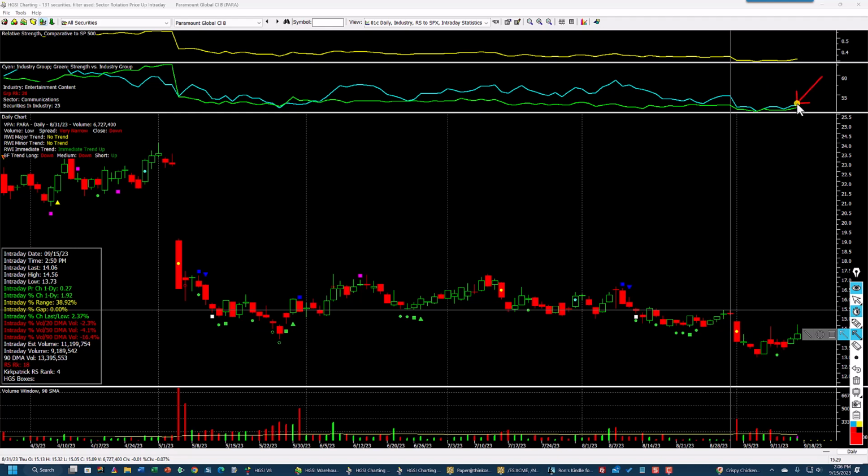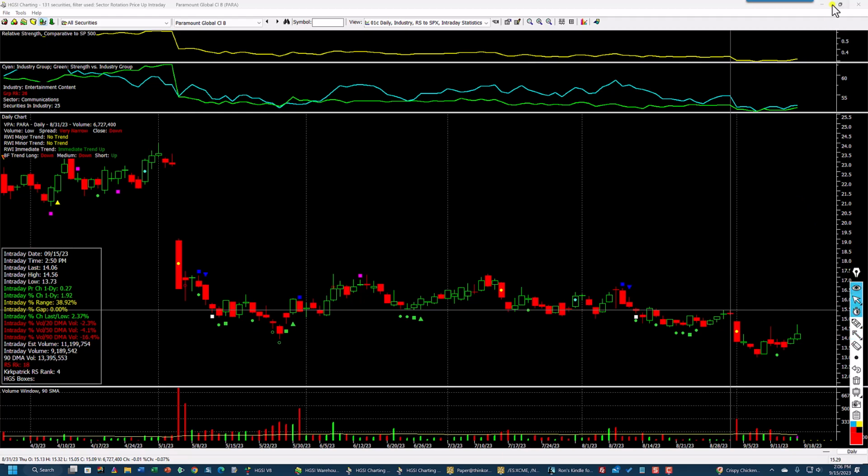You can see looking up here, the cyan line represents the group, and this is its performance relative to the group. If the green line's going up, it's outperforming the group, and it's going up a little bit. Now this up here is a comparison to the S&P 500. So not a real great candidate here.